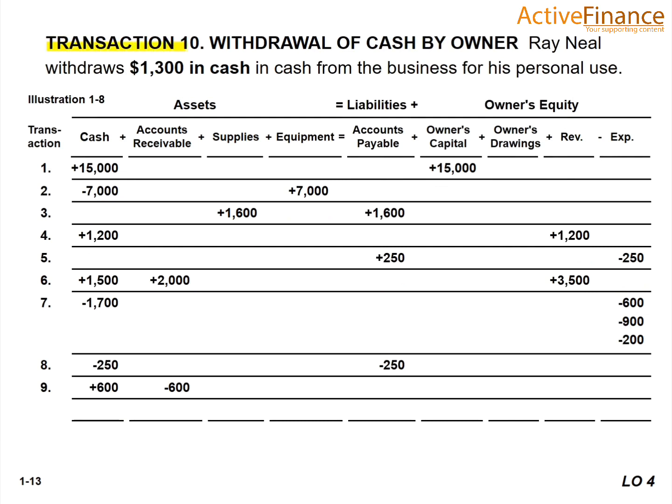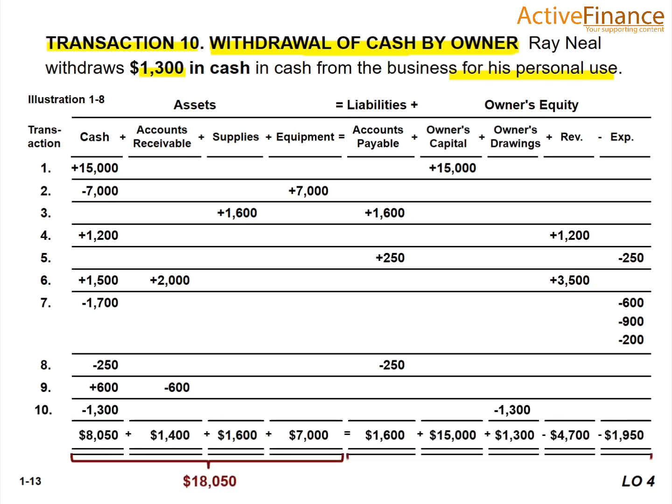The 10th transaction, the withdrawal of cash by the owner. The owner of SoftBite withdraws some money for his personal use, which is $1,300 in cash from the business. So let's record this transaction. This is the last transaction.